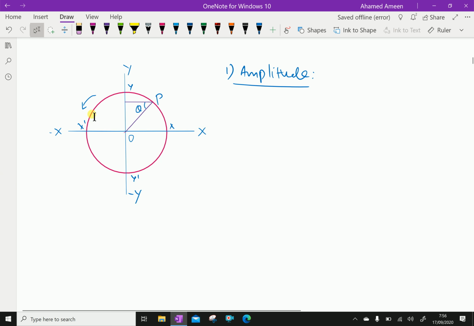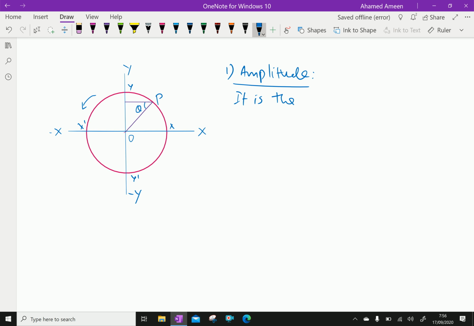The mean position is here, the center. From O to x, and O to x dash, that is the amplitude.